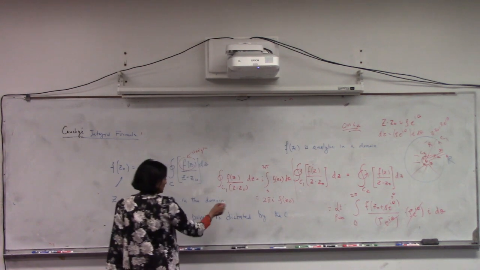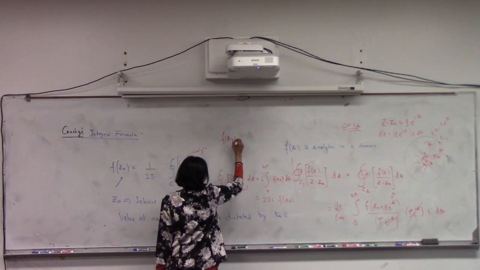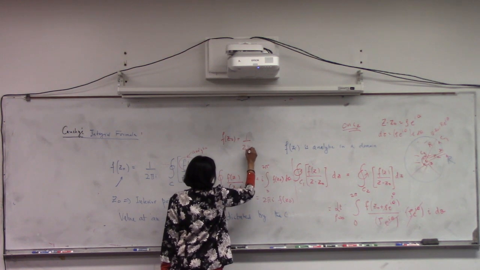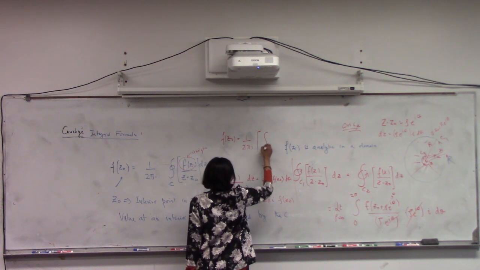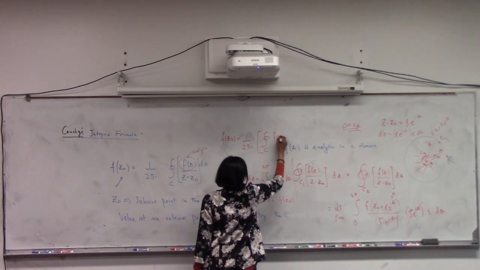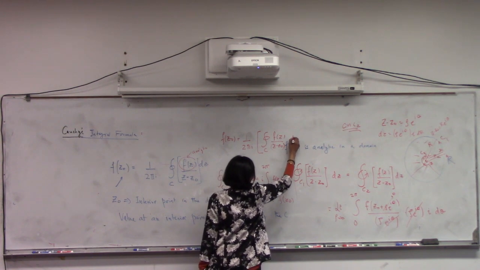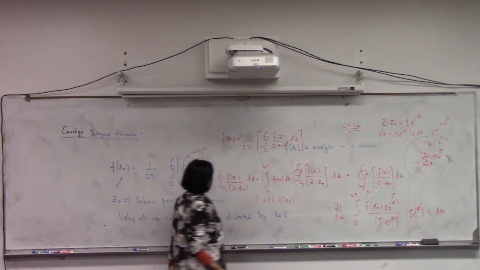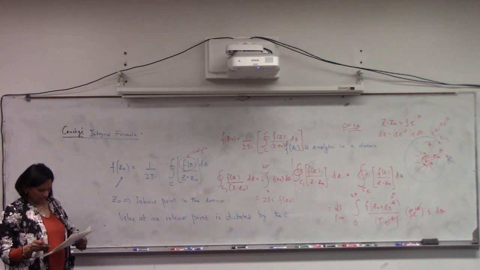So that is Cauchy's integral formula: the value of the function at z naught is nothing but 1 over 2 pi i of the contour integral. So this is called Cauchy's integral formula.